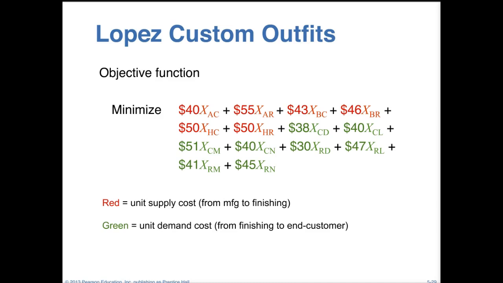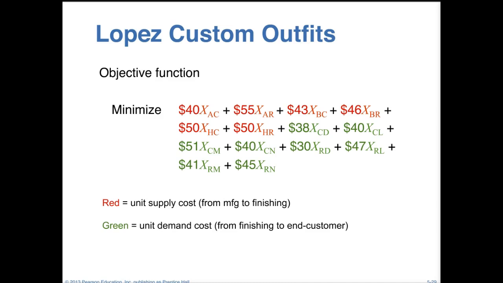So our goal here is to, of course, minimize the cost. And if you notice, we have two types of cost here. What's in red describes the cost going from manufacturing to finishing. In other words, from the factory to Charlotte and or Richmond.